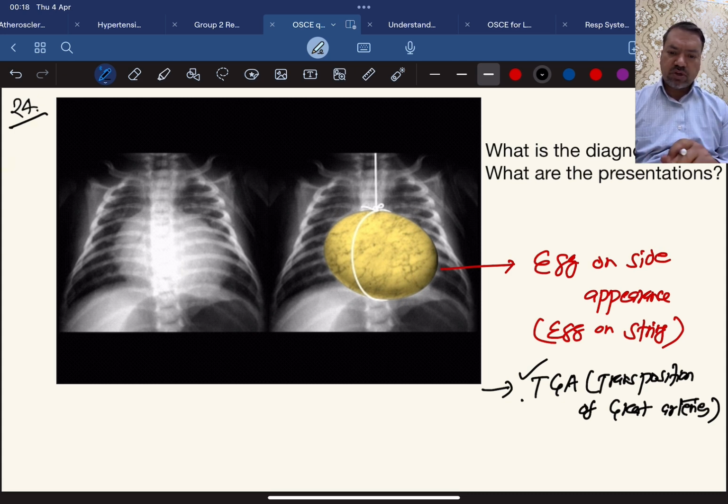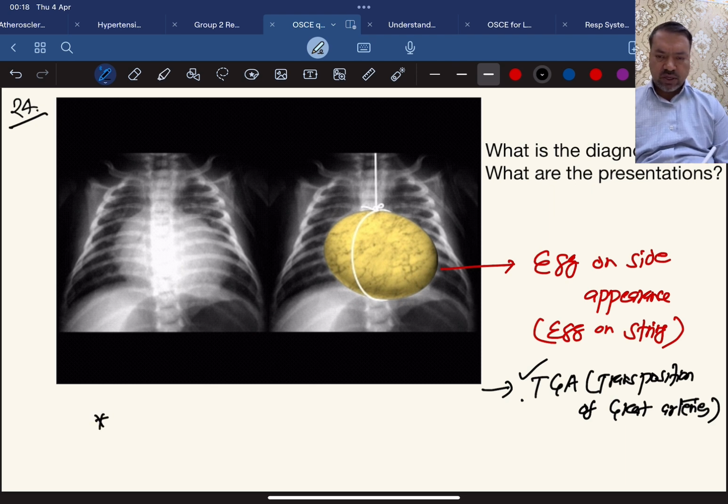That means pulmonary trunk originates from the left ventricle, whereas aorta originates from the right ventricle. And this is an absolutely abnormal type of circulation. Okay, that's why it is called cyanotic congenital heart disease, and life is not possible until and unless there is some mixing of the blood.